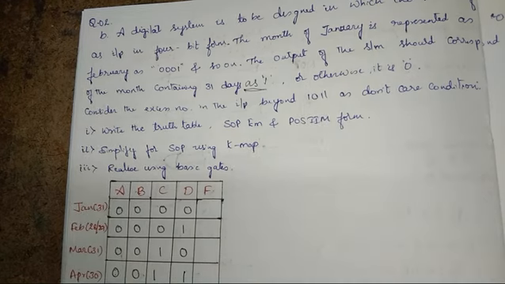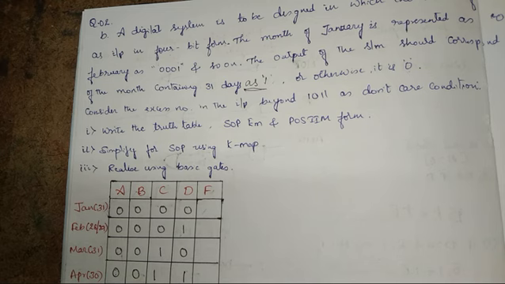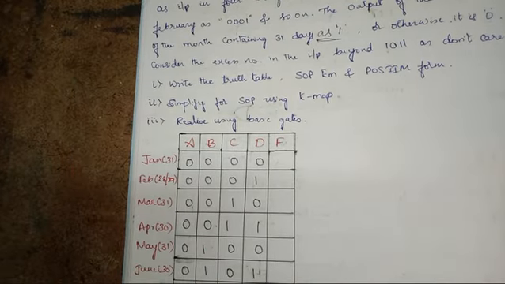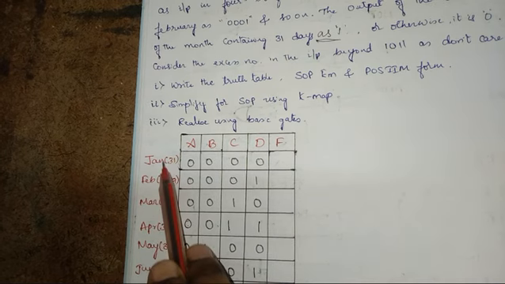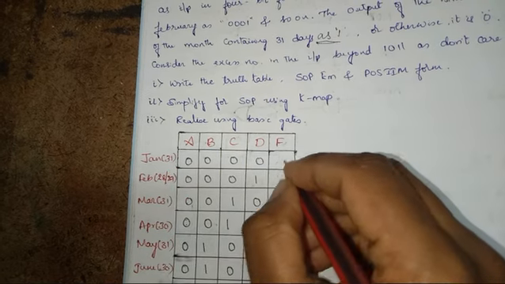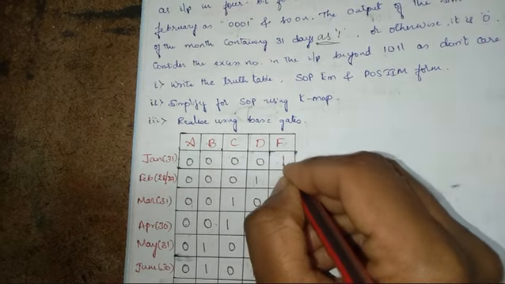So what we will do now is write the output as 1 where the month has 31 days in it. For your reference, I have written the month's name here, and the number of days it contains as well. January has 31 days, so the output will be 1.